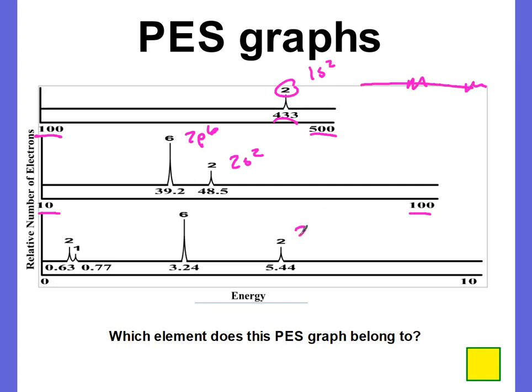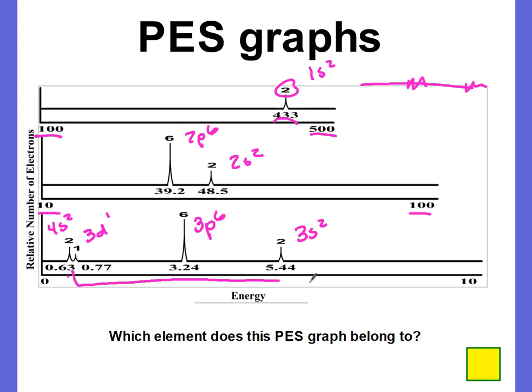After 2p6, we have 3s2, 3p6. After 3p6 should be 4s2. But notice this only has 1. So that's not 4s2. My 4s2 is actually right here. And then after 4s is actually 3d. So that's 3d1.